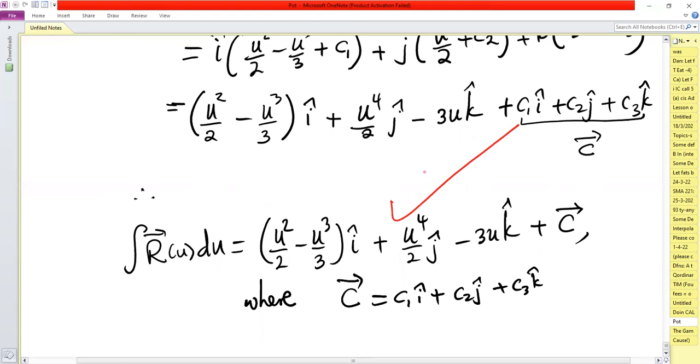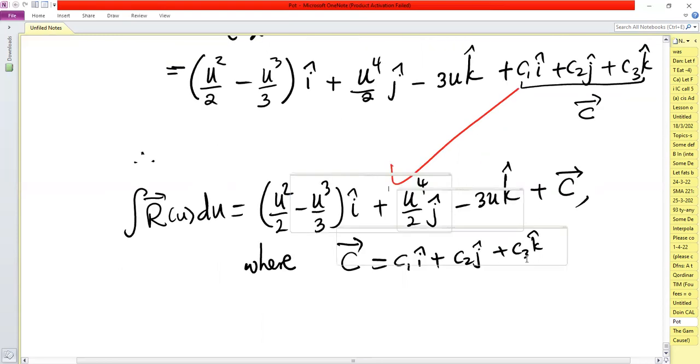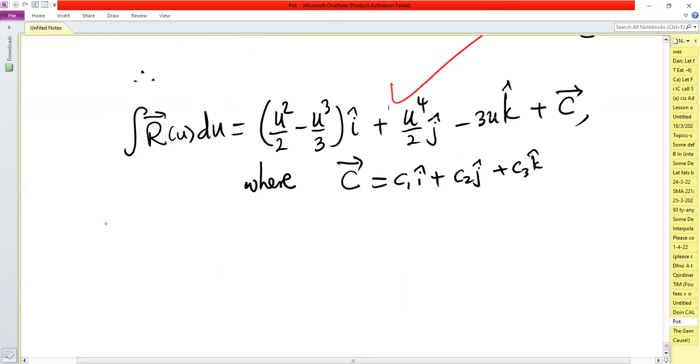Part 2 is to find now the integration of the same vector function, but in the interval 1 to 2. So the integral from 1 to 2 of R of u du.